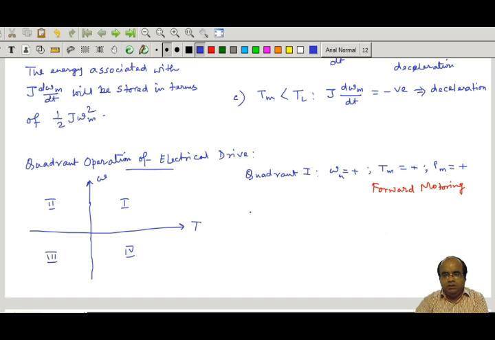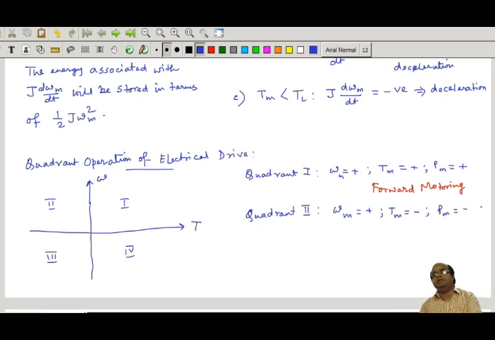Now quadrant 2. Where omega m is positive, but torque becomes negative, hence the motor power becomes negative.